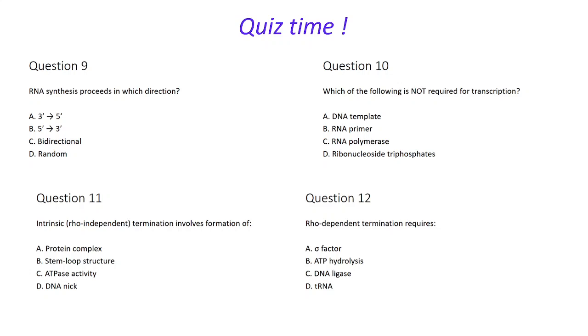Now question 11 says intrinsic termination involves formation of. So intrinsic, that is rho independent termination. Rho independent termination involves the formation of a protein complex, stem loop structure, ATPase activity, or DNA nick.